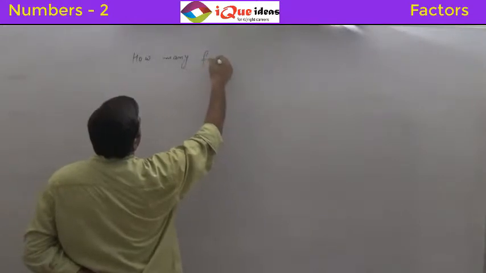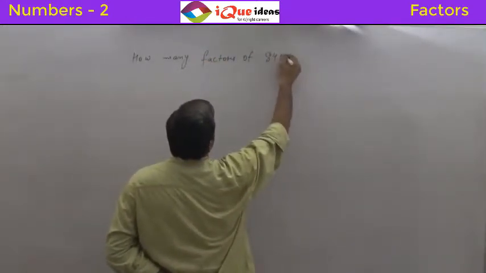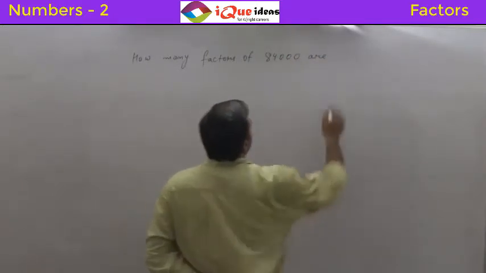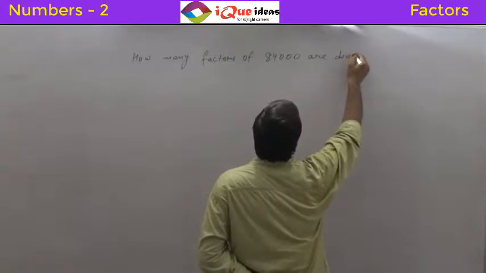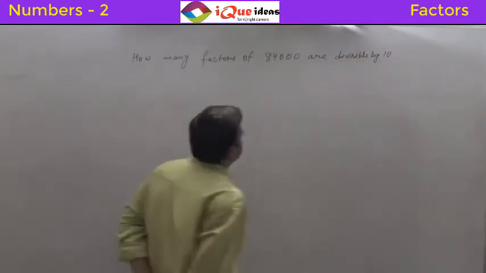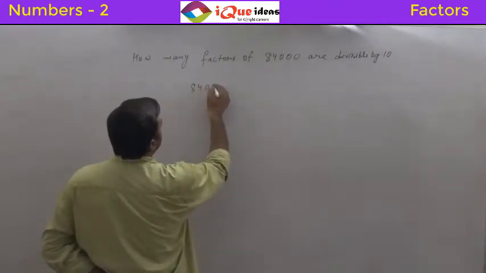How many factors of 84,000 are divisible by 10? So the first thing that you need to do is factorize 84,000.